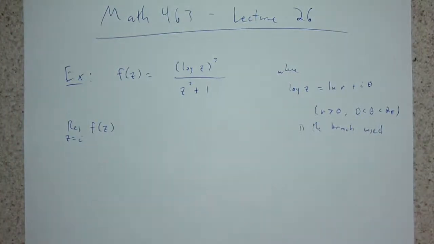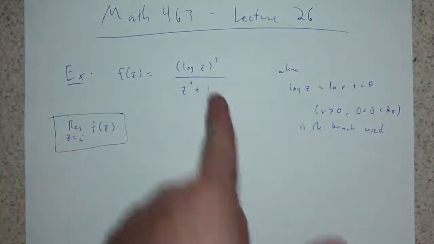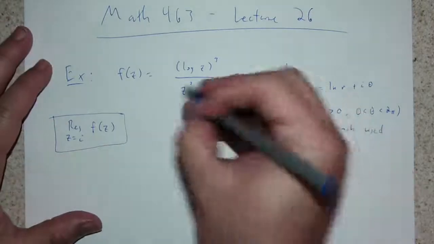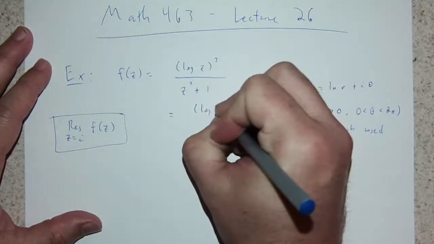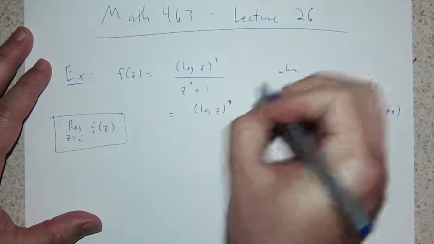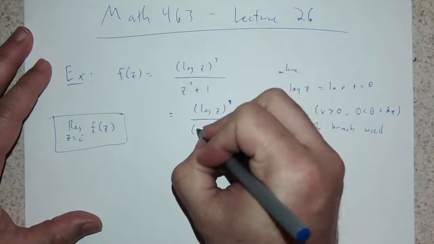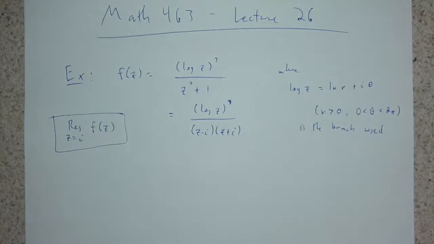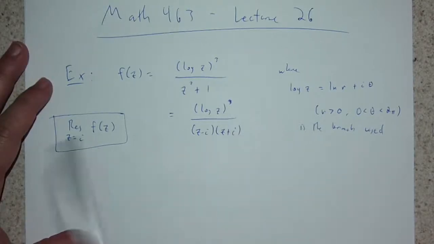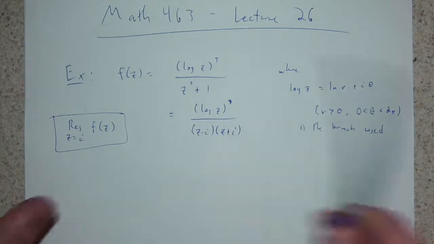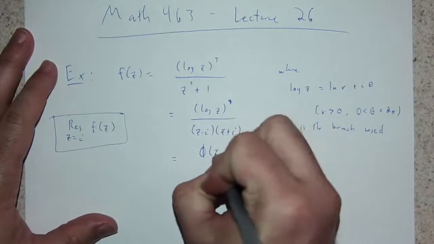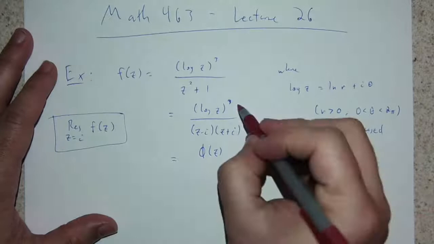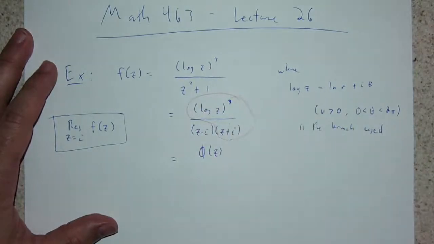So how do I compute this? I want to rewrite this function. Well, the denominator of this f, of course, factors. So this is log z cubed over z minus i, z plus i. If I want to write this as phi over z minus i in such a way that phi is analytic and non-zero at i, clearly I would take this part as my phi.